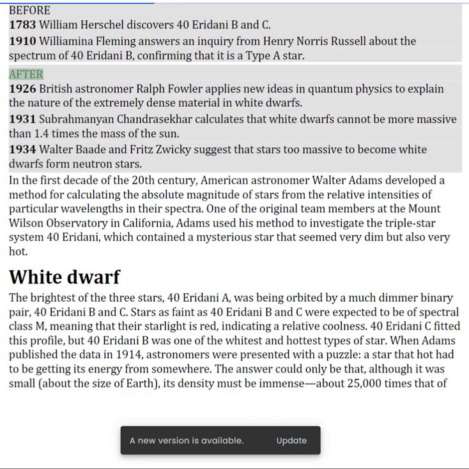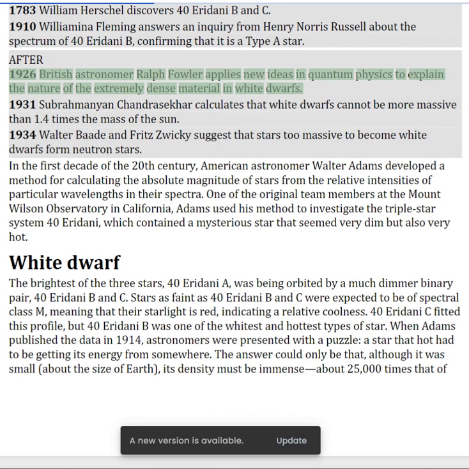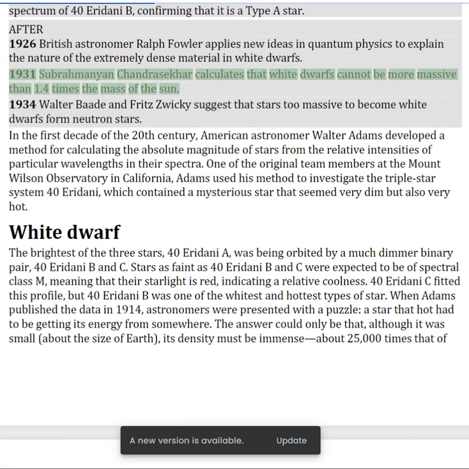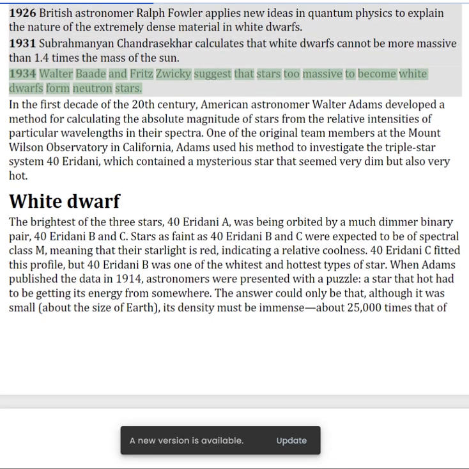After: 1926 British astronomer Ralph Fowler applies new ideas in quantum physics to explain the nature of the extremely dense material in white dwarfs. 1931 Subramanian Chandrasekhar calculates that white dwarfs cannot be more massive than 1.4 times the mass of the Sun. 1934 Walter Baade and Fritz Zwicky suggest that stars too massive to become white dwarfs form neutron stars.